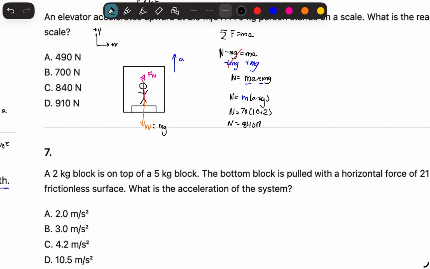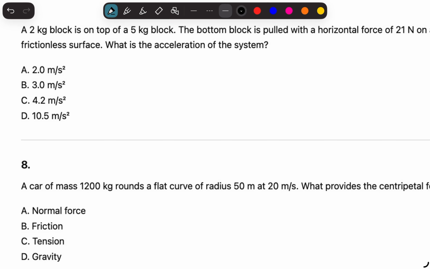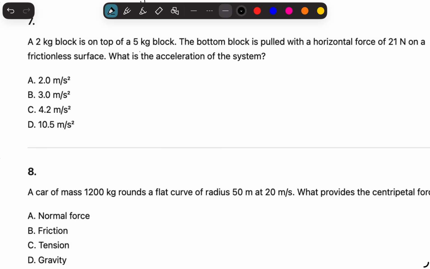So that's your normal force is equal to C, 840 newtons. A 2 kilogram block is on top of a 5 kilogram block. The bottom block is pulled with 21 newtons on a frictionless surface.